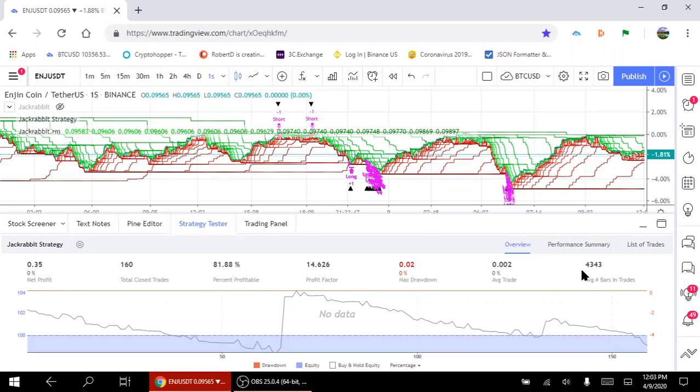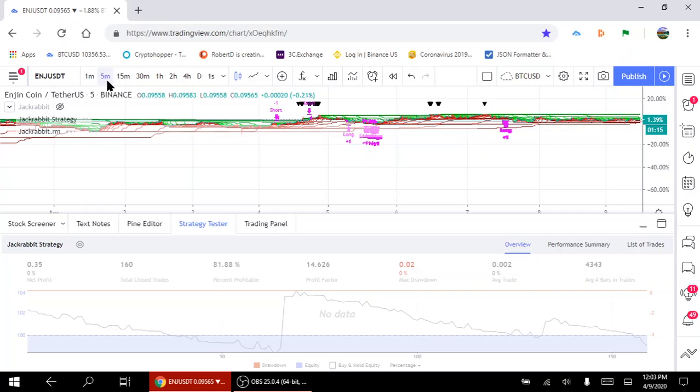Right now it does trades roughly around 4,300 candlesticks, has an 81% success rate. Now this is just one component, and it's actually making 35 cents profit. Now let's take this up to the next time frame and see how it changes.